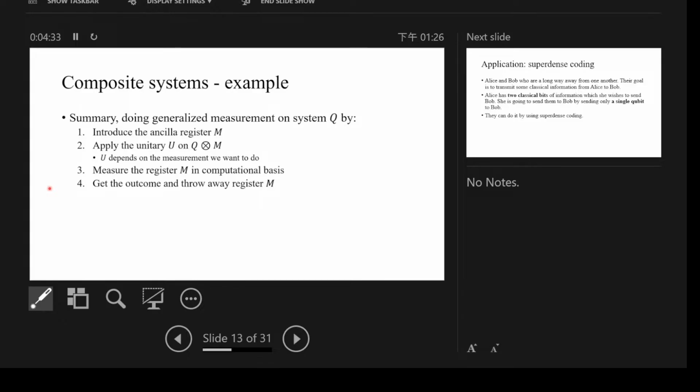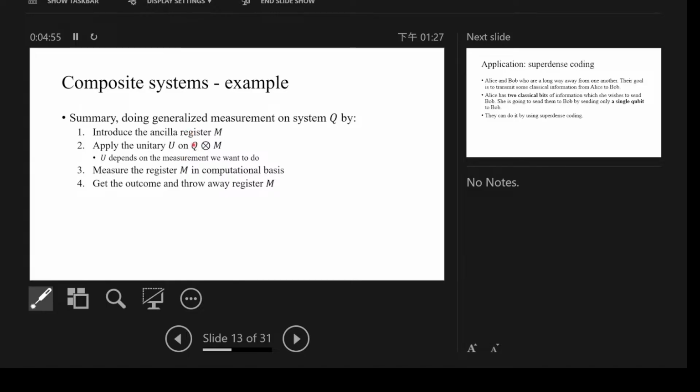So you do a generalized measurement on system Q, and you can do it with a computational basis measurement with the following steps. You get an ancilla register, and you do this U that depends on m, and this is an entangled unitary.